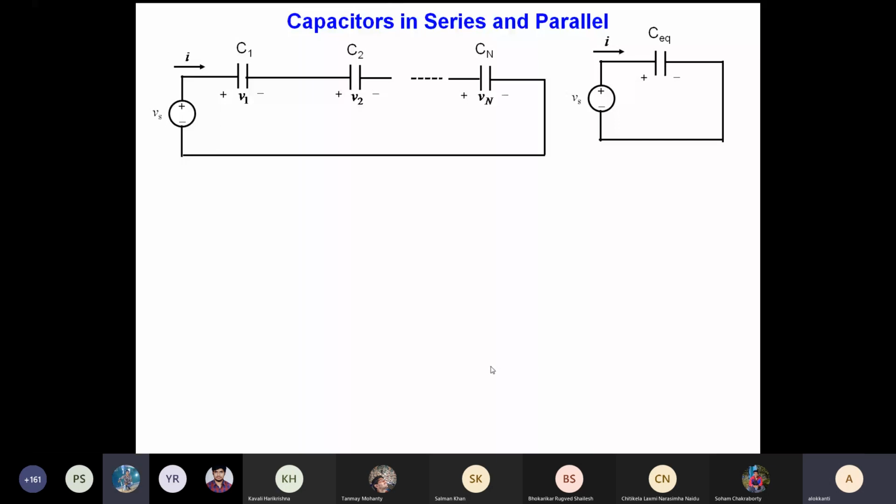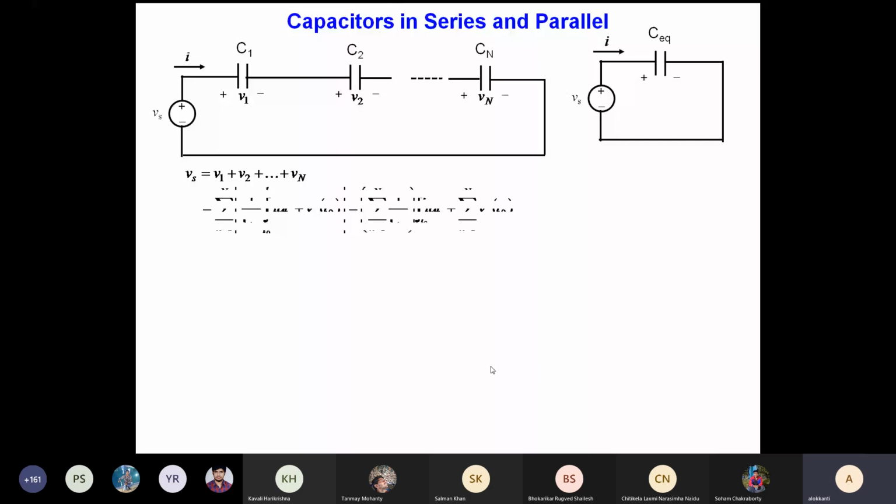If you put the values of the capacitance that we already recapitulated, for each of these, the V1, V2 to Vn, we end up getting a summation, because for each of them it is the same current.